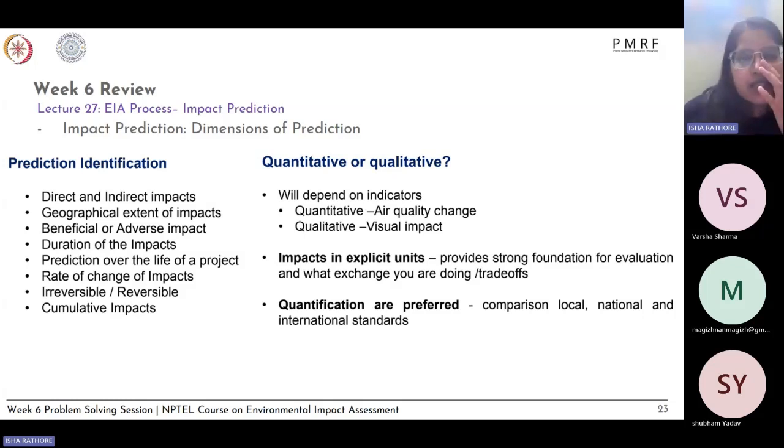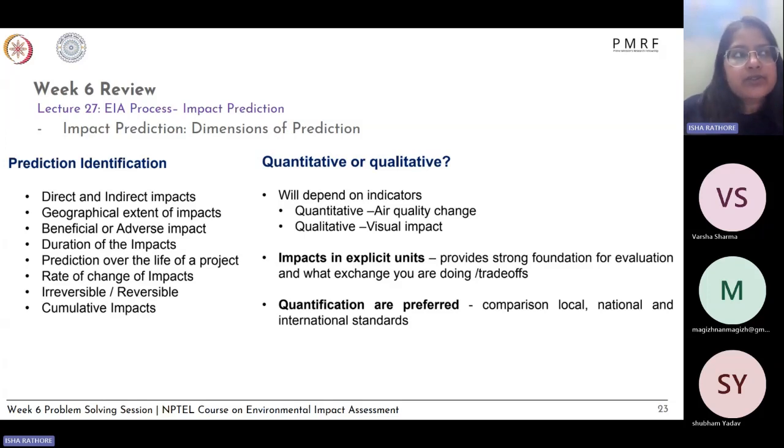Then you also have quantitative or qualitative impacts. Quantitative is something like air quality change, which you can see in terms of numbers, in terms of the number of pollutants present in the air. So ppm, parts per million, or parts per billion, is an indicator you use for measuring the volume of pollutants present in the air.